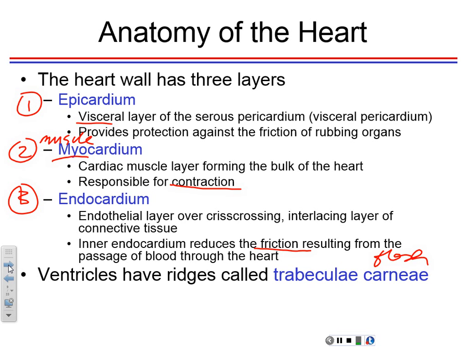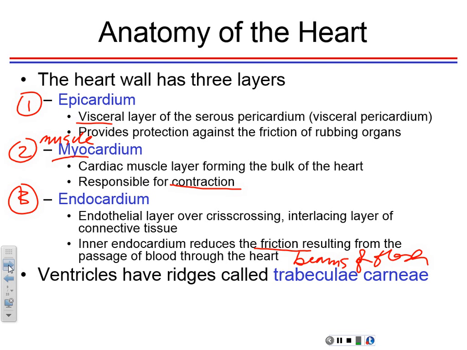So carne is meat, flesh. Trabeculae, beams of flesh. That's what it means. When you open the heart, you will see them. They're kind of mounds inside the heart, and those are in the ventricles.